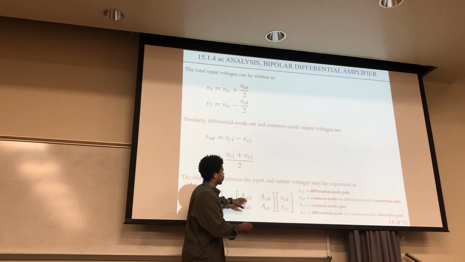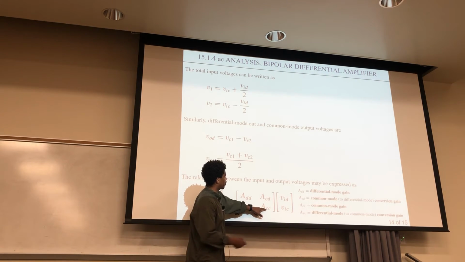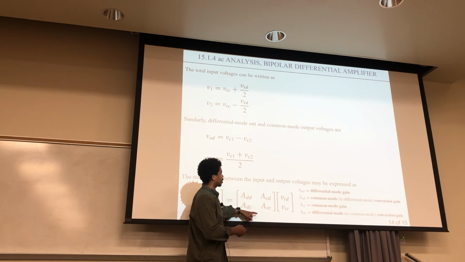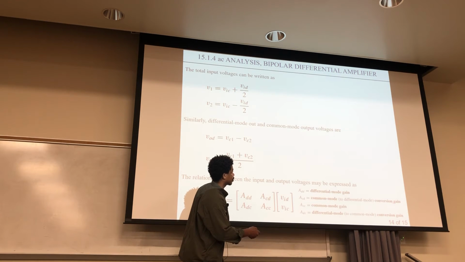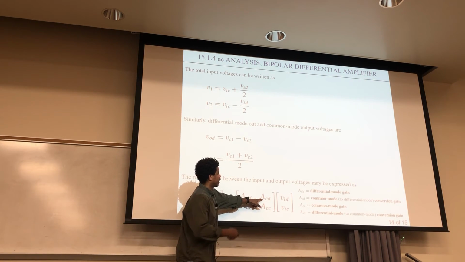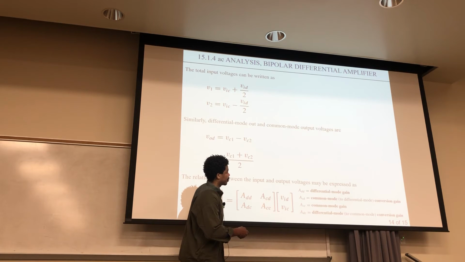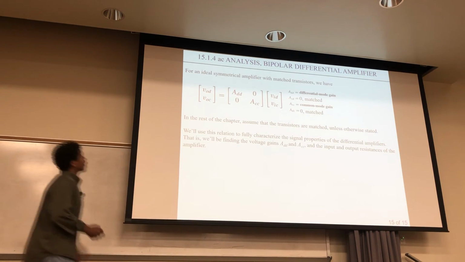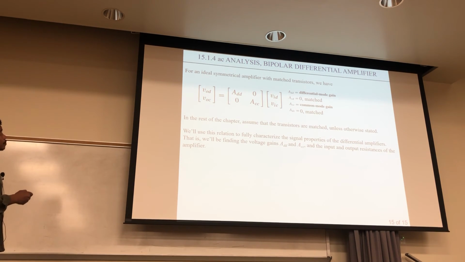This right here is the differential mode gain. This right here is the common mode gain. These two are often 0 if it's matched, but this is the common mode to differential mode conversion gain, and this right here is the differential mode to common mode conversion gain. So that's what these are.